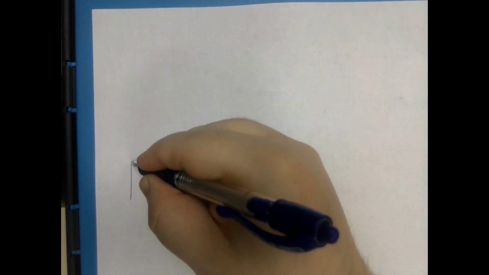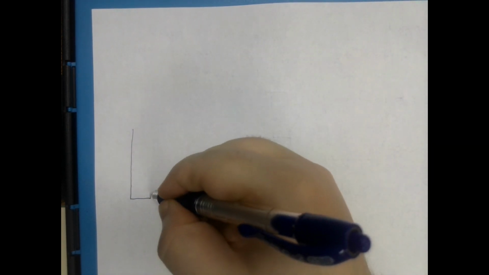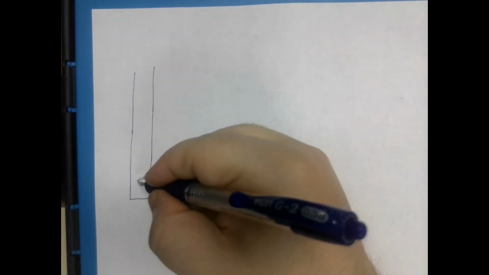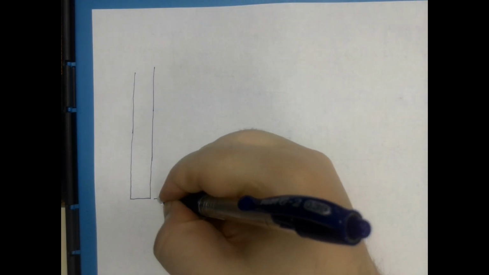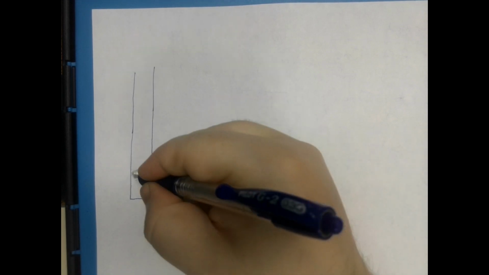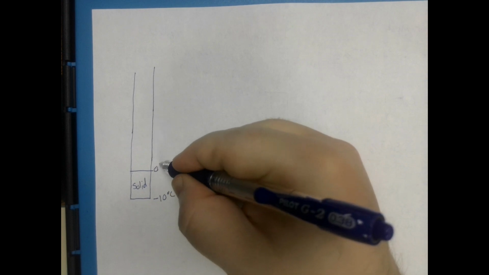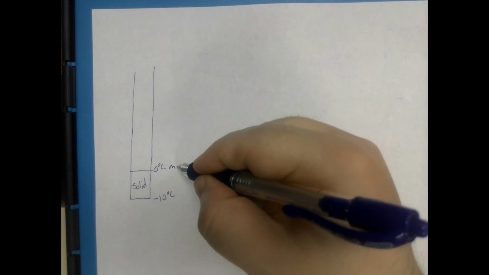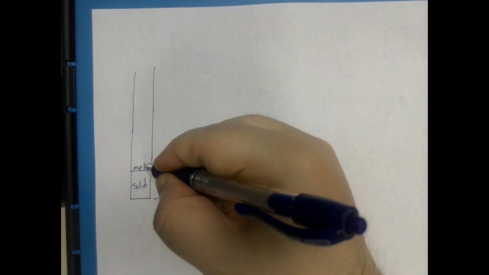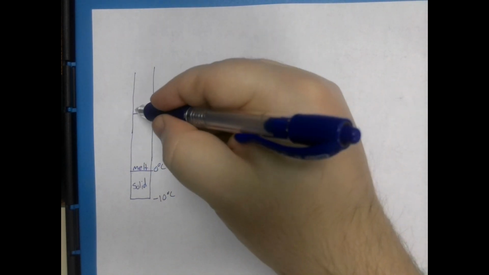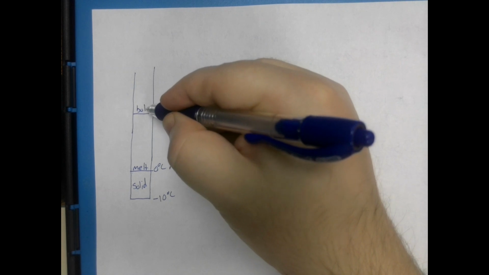So for example, if we were going to go from solid, let's say -10 degrees Celsius, at 0 degrees Celsius it's going to melt. And then up here at 100 degrees Celsius, it's going to start boiling.